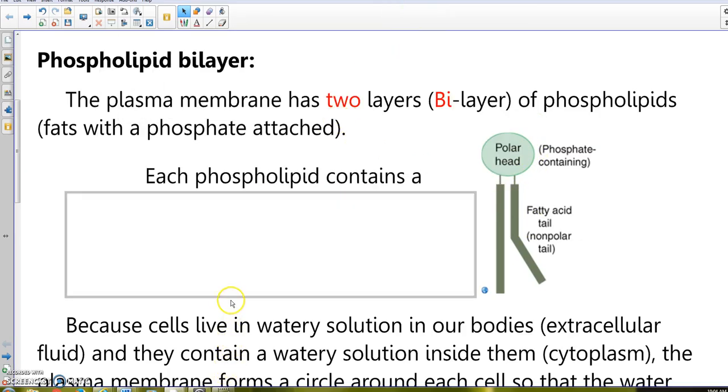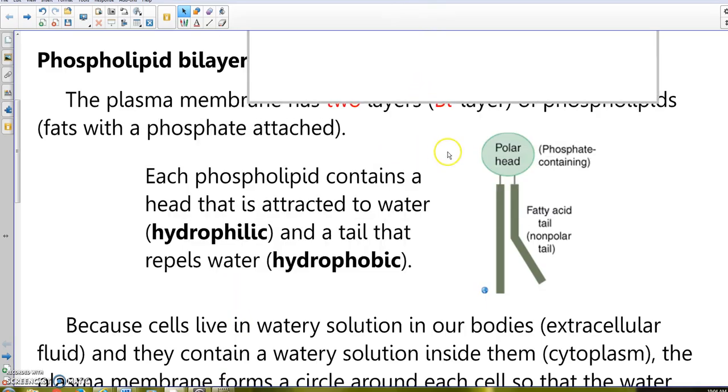And because of the molecular structure of these parts of the phospholipid, the head is going to be polar. So anything that is polar, having a little bit of a charge, is going to be attracted to water. Hydrophilic means water-loving.